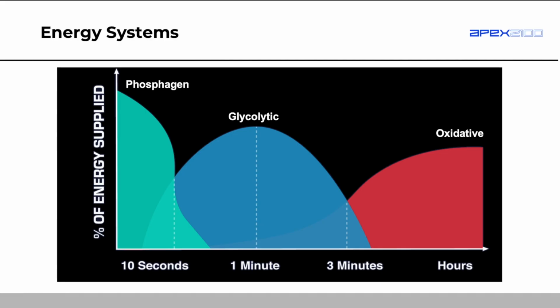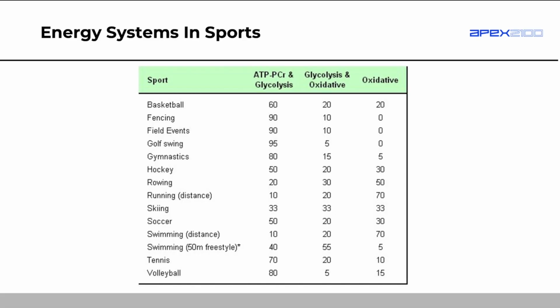But for prolonged exercise lasting several minutes to hours, the oxidative system is the dominating system, using oxygen to metabolize carbohydrates and fats, and offering plenty of energy supply for endurance activities. And we can have a look at some different sports here. So again, like I said, the three energy systems don't work independently of one another, they overlap.